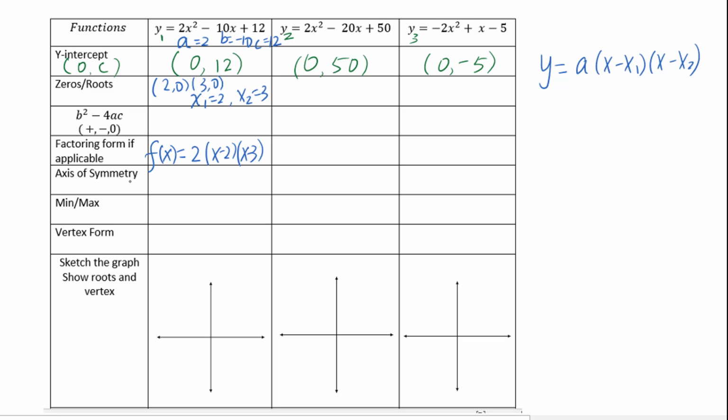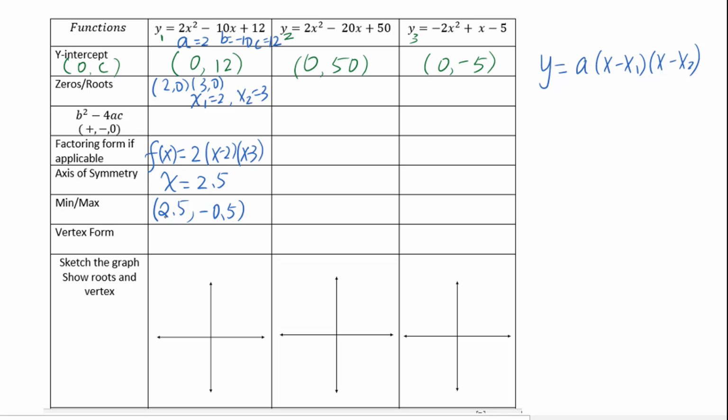For the axis of symmetry, for this y1, we know the minimum point is (2.5, negative 0.5). Therefore, the axis of symmetry will be x equals 2.5.